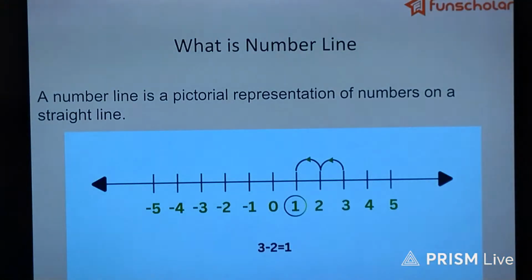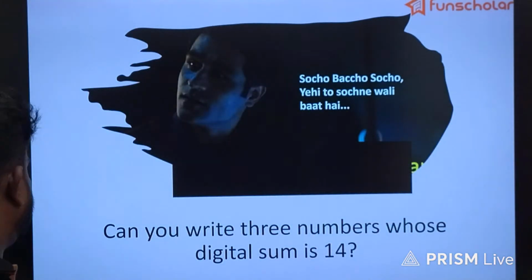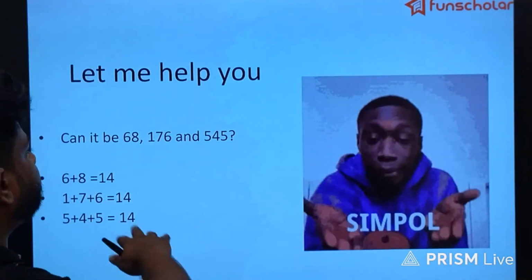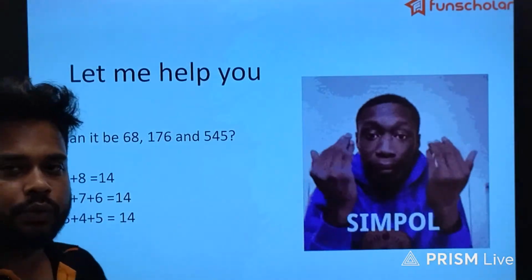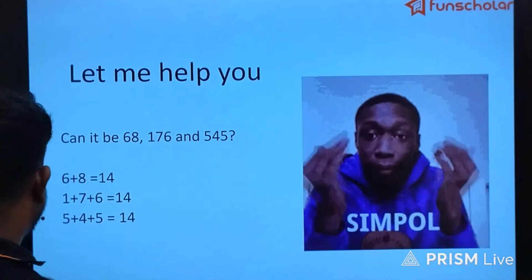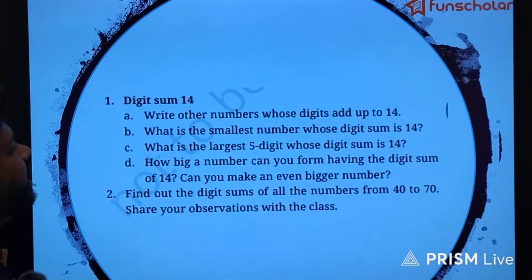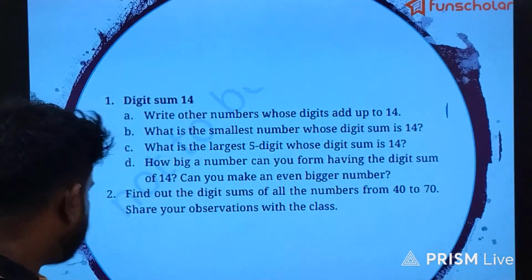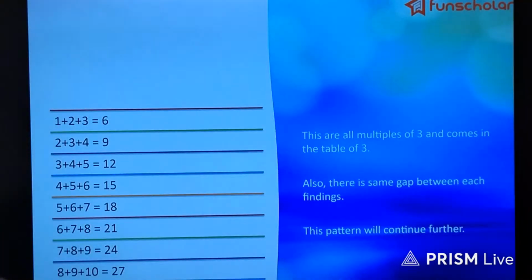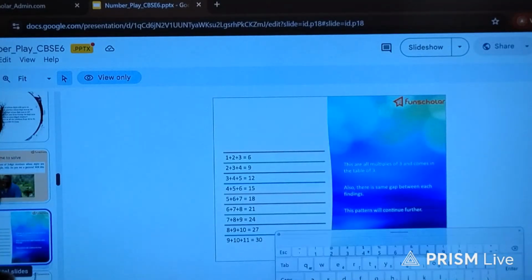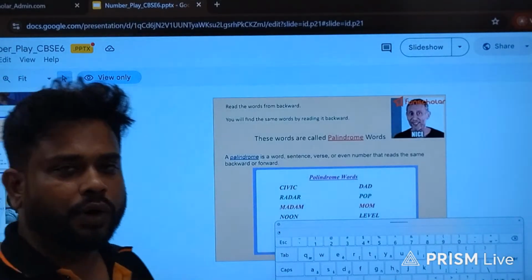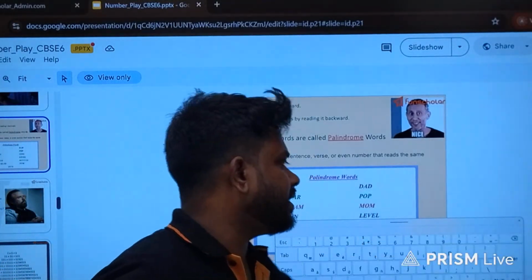Next, we solved some questions which have different conditions to write down the numbers. Then we learned what the digit sum means and also solved questions according to the digit sum. Next, we learned about palindrome words and palindrome numbers as well.